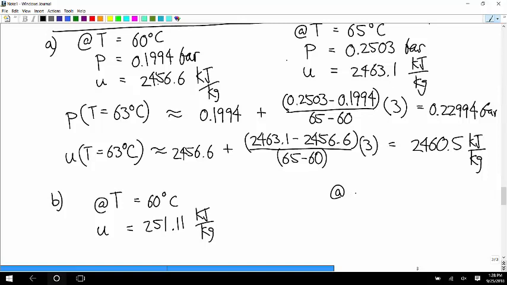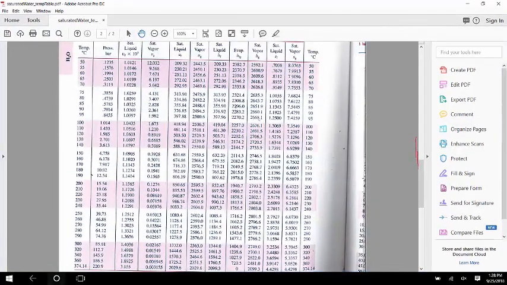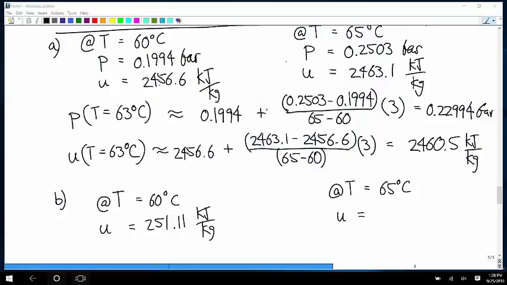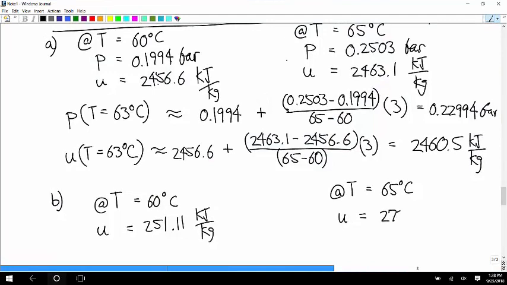And at a temperature of 65 degrees Celsius, we're at 272.02 kilojoules per kilogram.